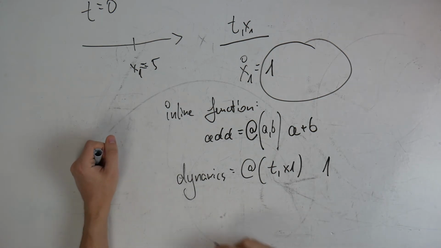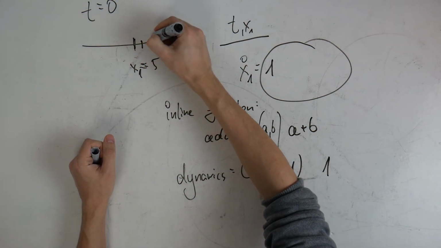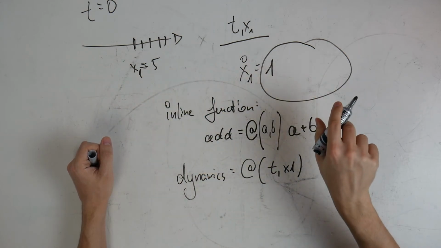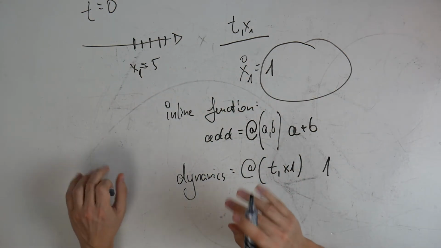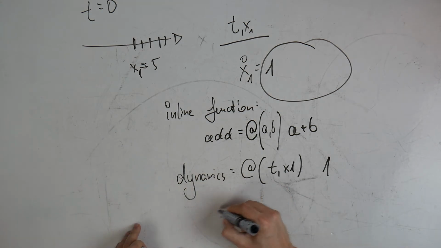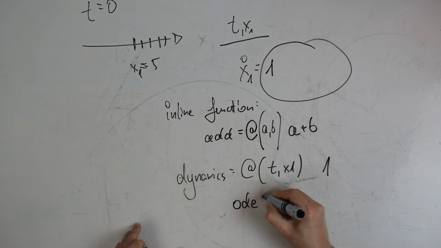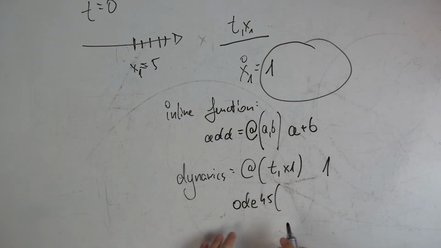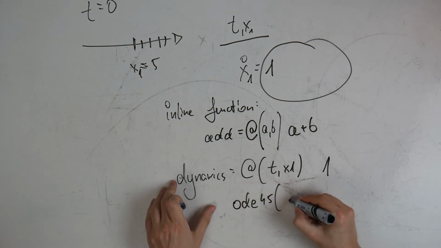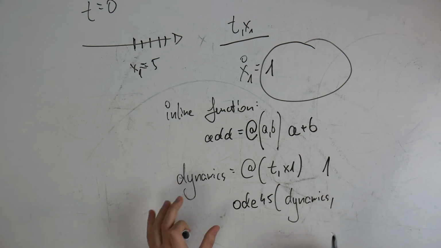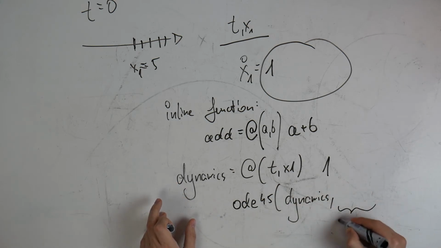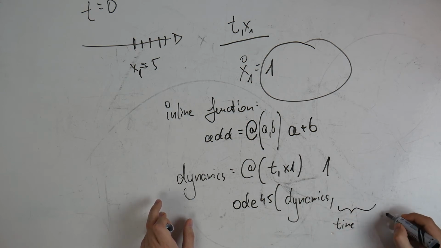How do you make a simulation where it starts moving actually to the right side? Well, if you have a function, you can just integrate it over time. So you use ODE45 and you give it the function dynamics, but you also need to specify the time and initial position of the system.